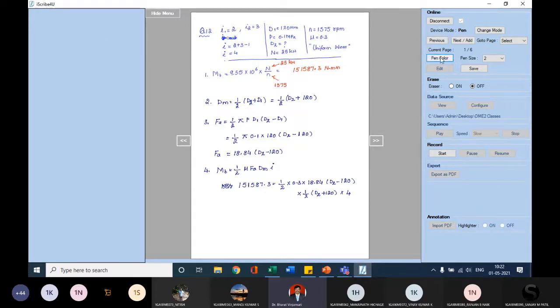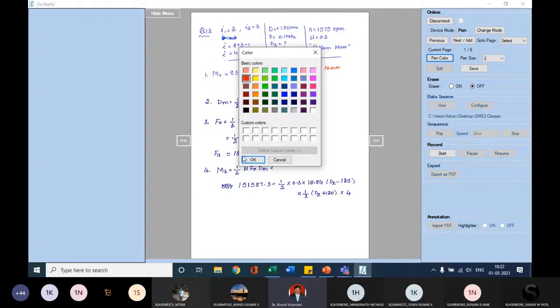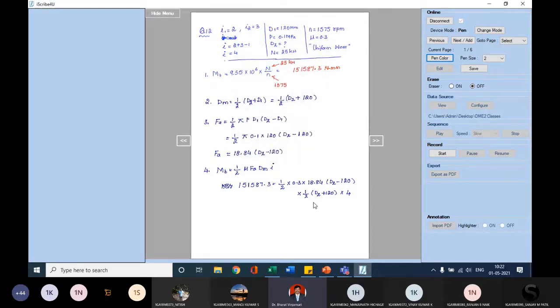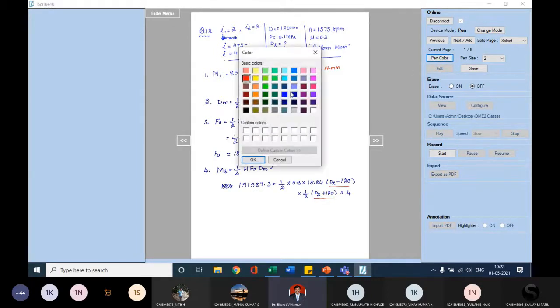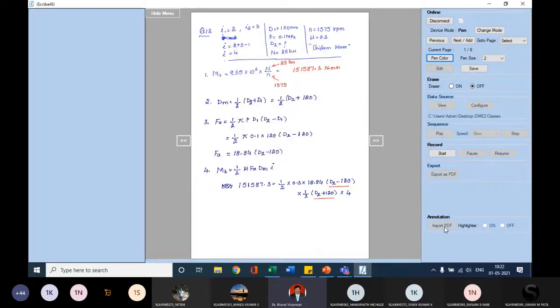Once again here we will make use of the identity A plus B into A minus B, so that this becomes easy for us to solve. So once again I get 151,587.3 will be equal to what? Sir, 203.